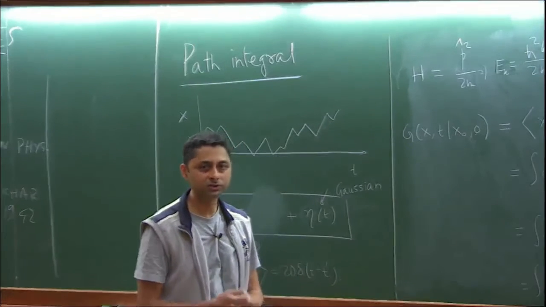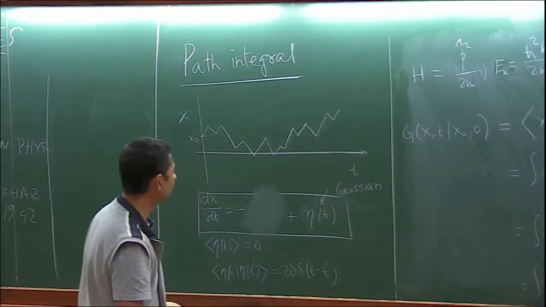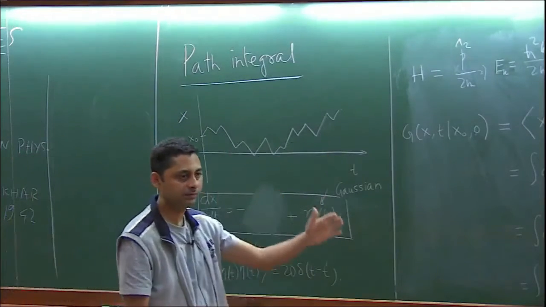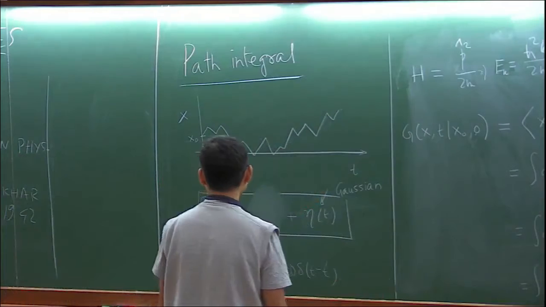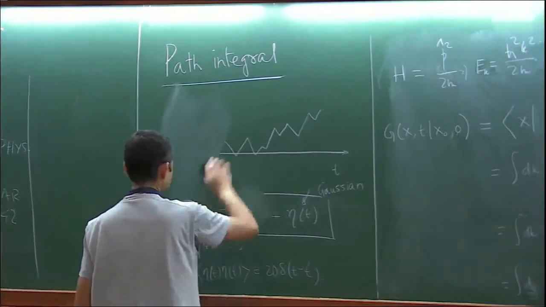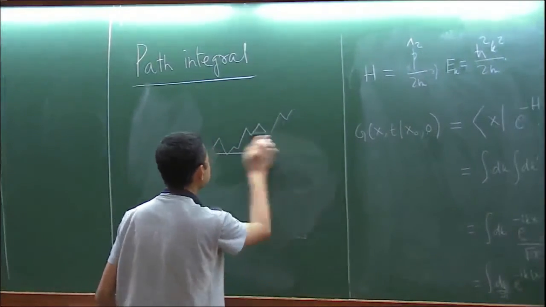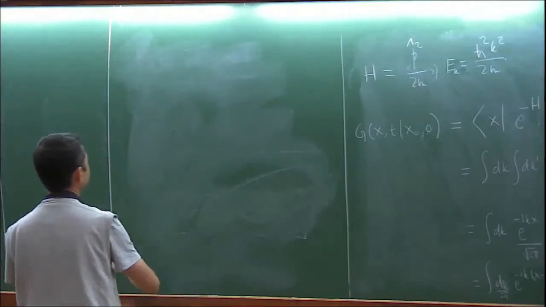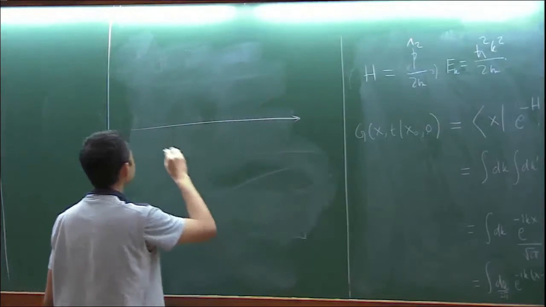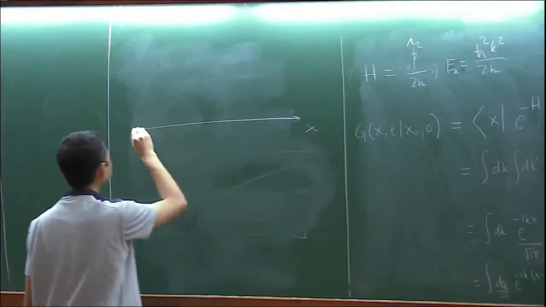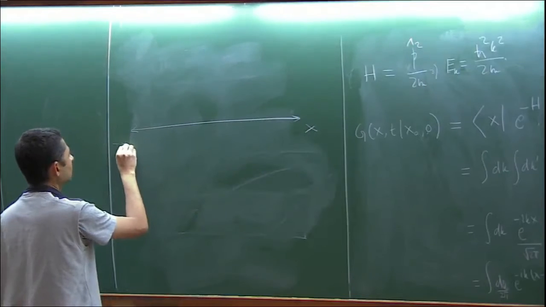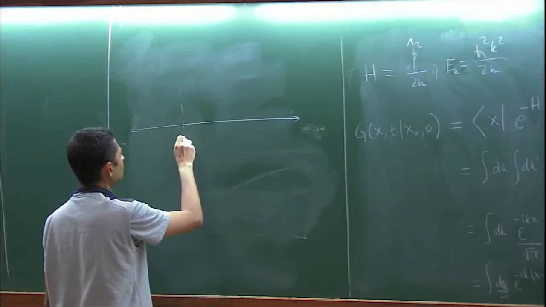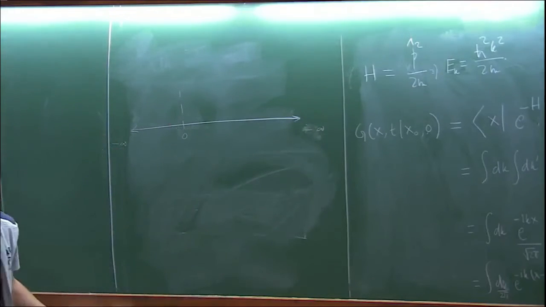There are other interesting questions you can ask. For example, suppose we have a one-dimensional system, so this is your one-dimensional line, and let's say this is your home at the origin.